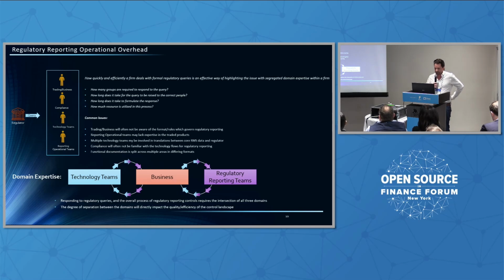So why is that a problem? Well, let's say you had a specific question on equity OTC options. Trading and the business would be the people who would potentially know the answer, but if you present the question to them in the context of the way regulatory reporting is formatted, they'll say, I don't understand this data. They'll see things with Greeks and say, oh, this is the delta, the gamma, whatever.